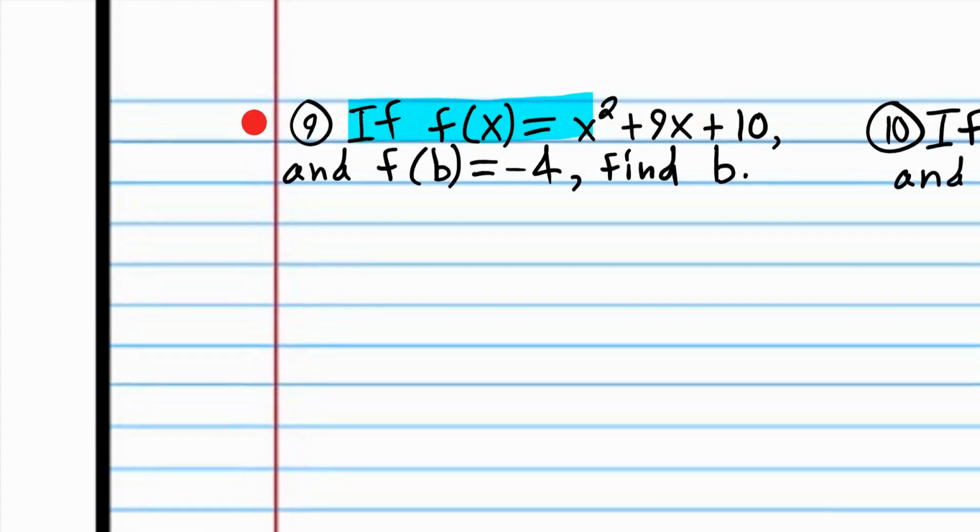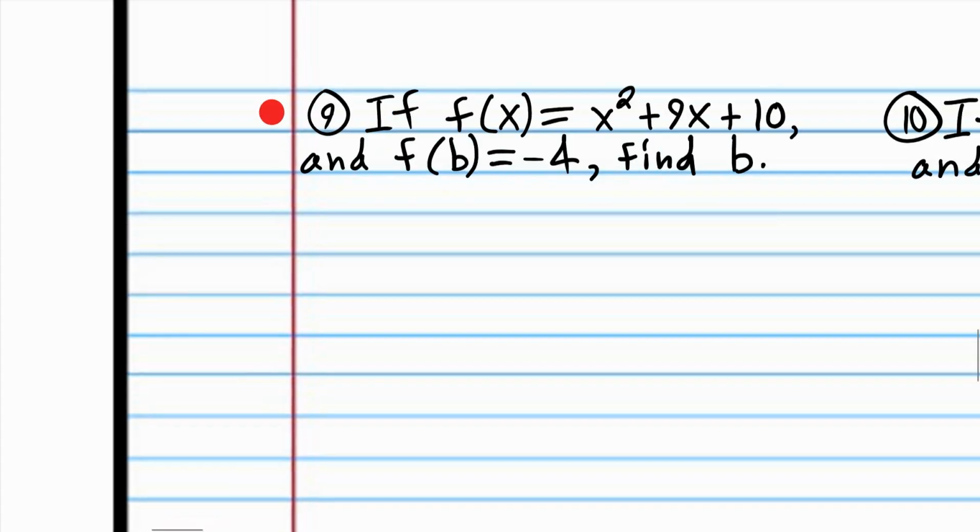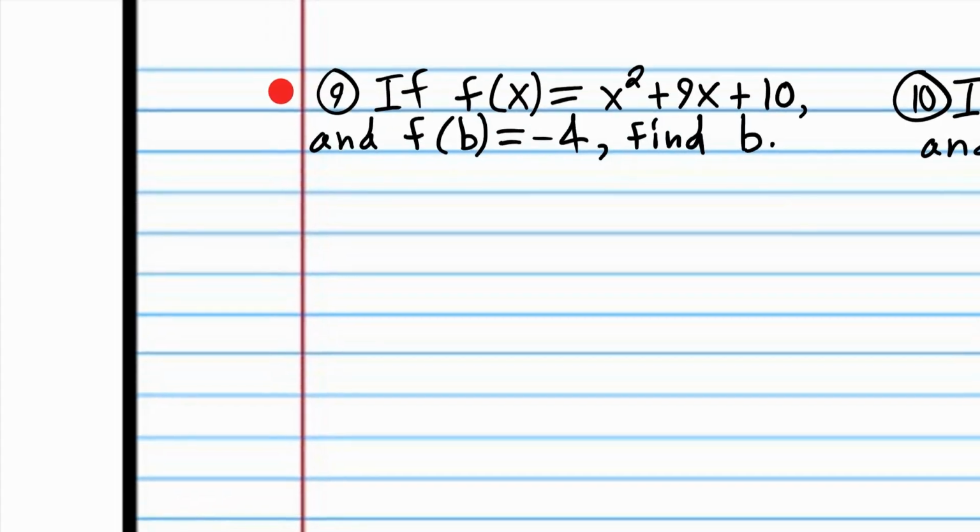If f of x is equal to x squared plus 9x plus 10, and f of b is equal to negative 4, find b. So it's the same type of problem, but there's different math occurring here. So we know that f of x is equal to that expression up there.